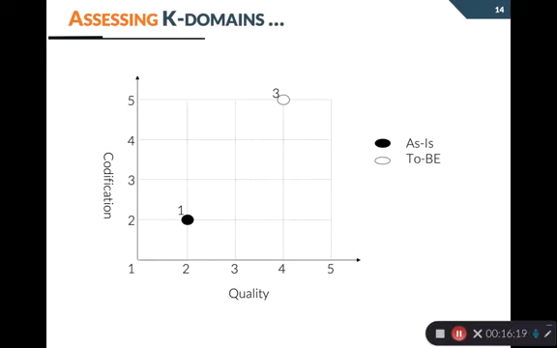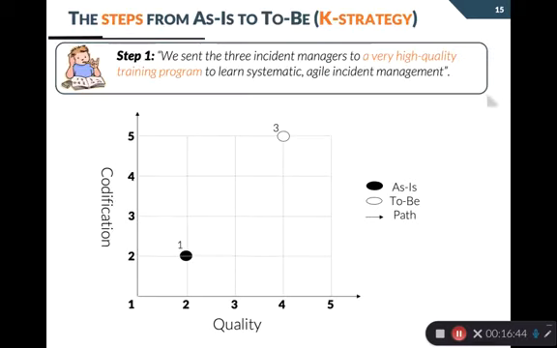And thinking about this three-dimensional space, you can move to the right, you can move upward, you can increase on the distribution, and you can combine different moves. And this is basically the whole discussion with the managers and the consultants to come up with the best road from the current situation to the expected one.